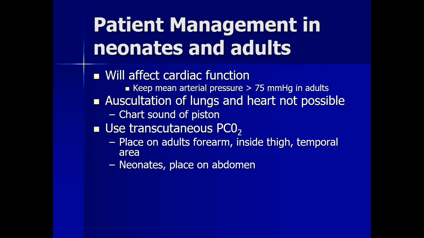Temporal area is something I didn't mention when we were talking about it in the neonatal class. Do you know where the temporal area is? Yeah, where your temples are. That's supposedly thin also. With neonates, you can place it on their abdomen.